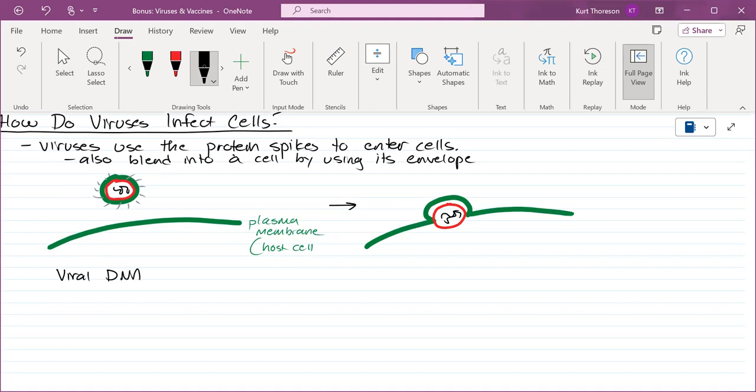Viral DNA enters, or I shouldn't say, let me rephrase that.